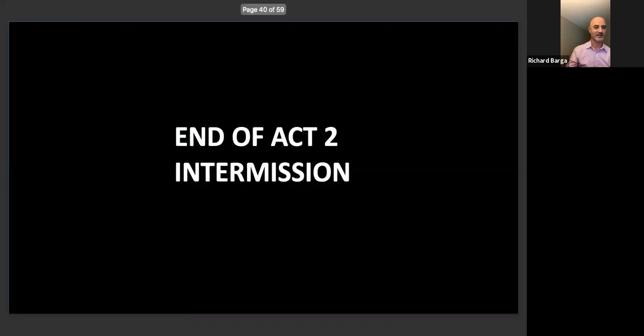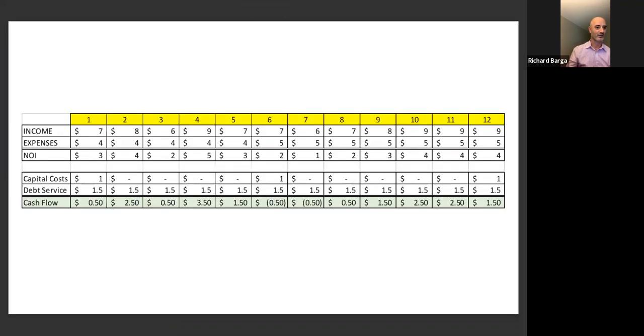is NOI minus these two other rows. Now, can anybody see anything wrong, or anything good or bad, with the way that this schedule is shaping out? Any hands, any chats, any ideas? Do we like this schedule?